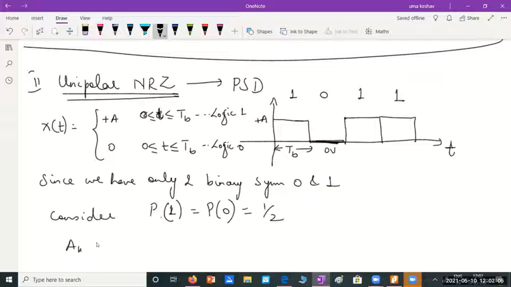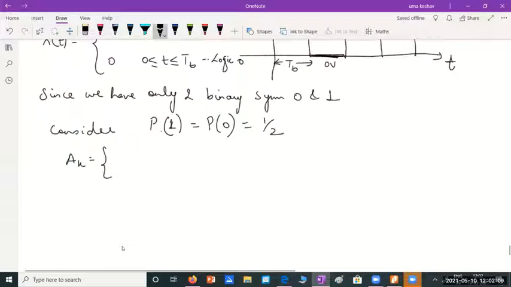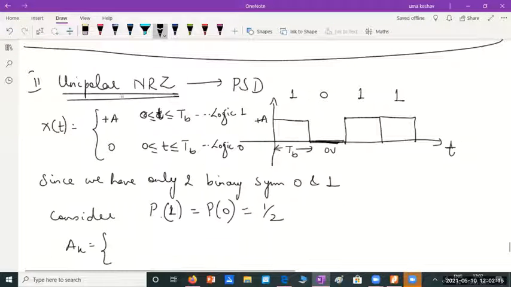So I have to define the amplitudes AK. How do I define the amplitudes? Amplitudes are nothing but the definition we have here. AK takes the value plus A in the interval. It's the same. Instead of writing x of t, I could have written AK itself here.